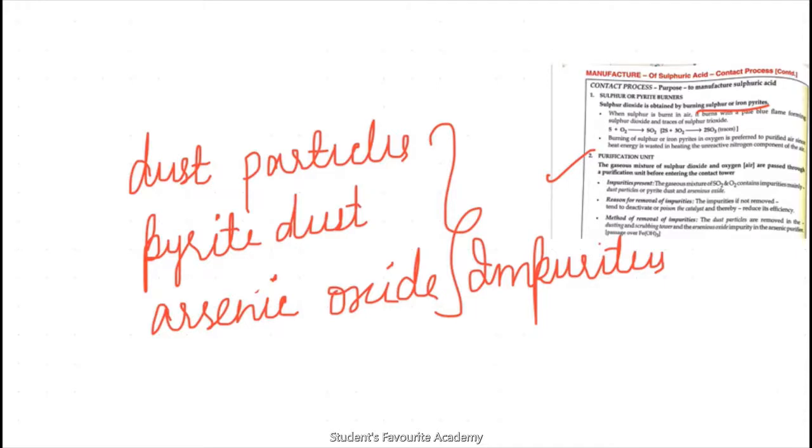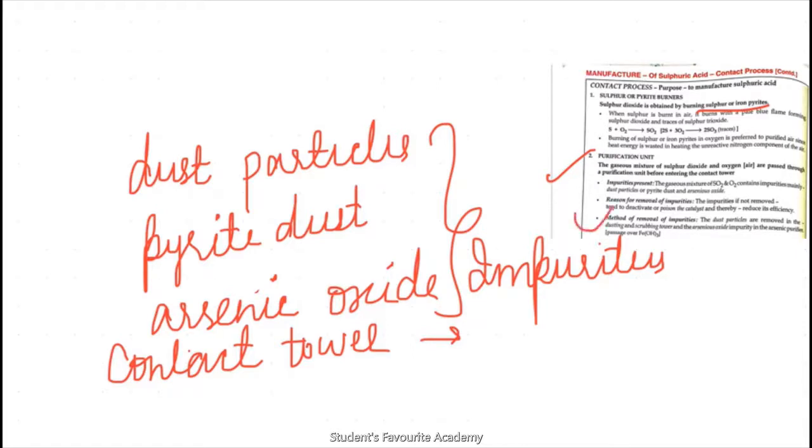When the entire process is going on in the contact tower, if the impurities are not removed, they tend to deactivate or poison the catalyst. Deactivating the catalyst means what, children? Why is the catalyst being used? Because I want to increase the efficiency. If that itself is getting deactivated, the entire process will get slow. So that is the reason why we need to remove the impurity.